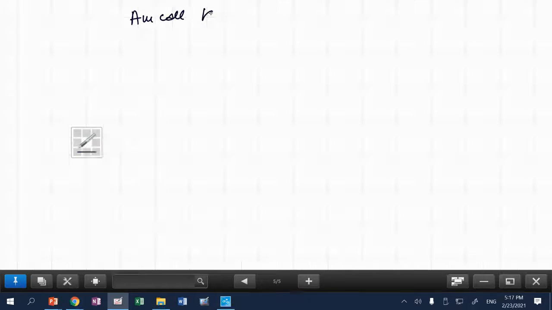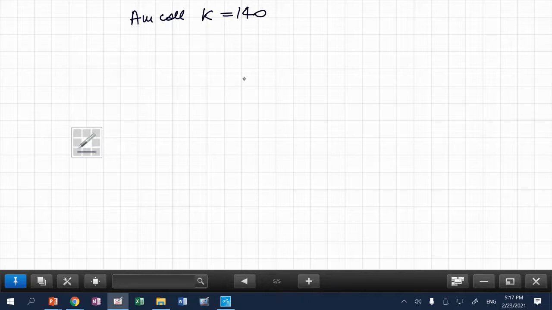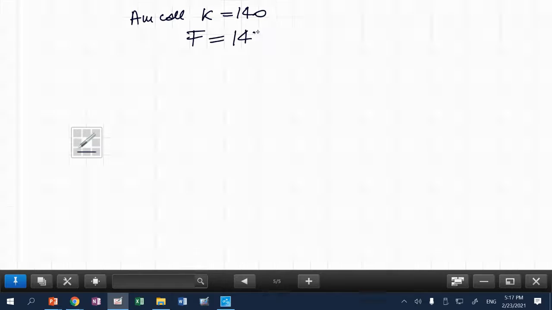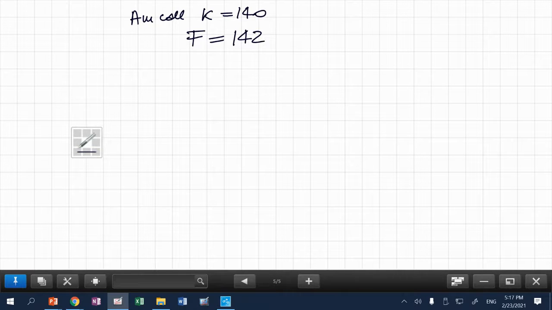Imagine that you have the American call strike 140, and on a day in which the future trades at 142, you see that the premium of this call is equal to 1.90, okay? If it trades at 1.90, it's trading below the value that I was setting up before.